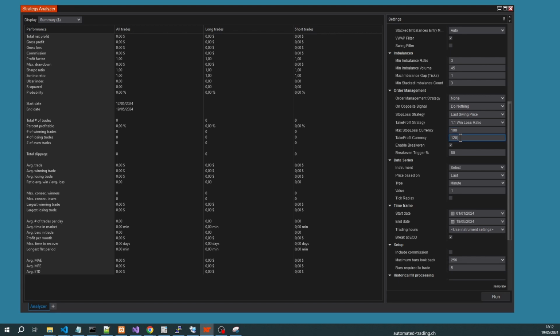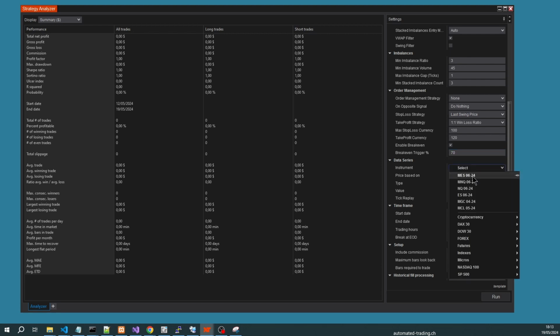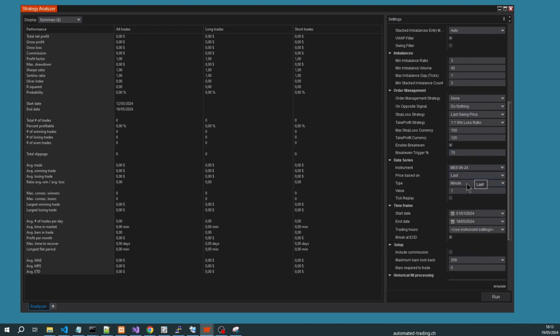So I will increase this a little bit to not interfere with the automatically calculated take profit. Enable break even, I will put the value of 70. And for the instrument, I will choose the MES. I will choose volume. Of course, you can use another time frame. For example, you can use the range time frame.